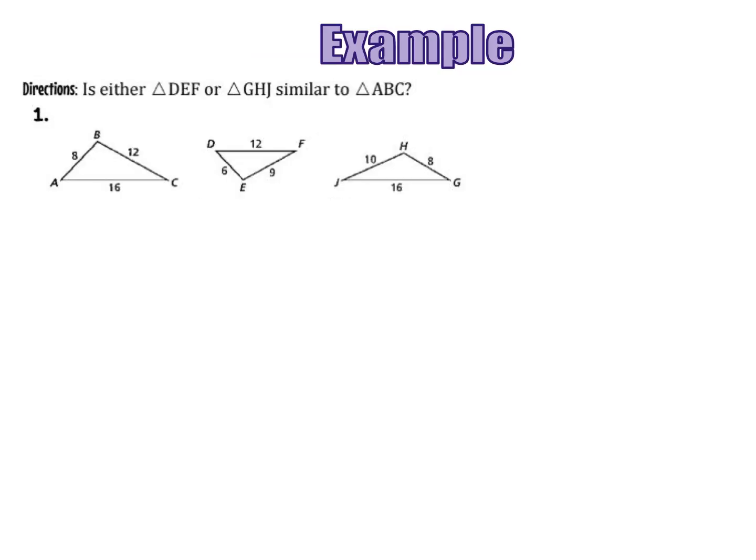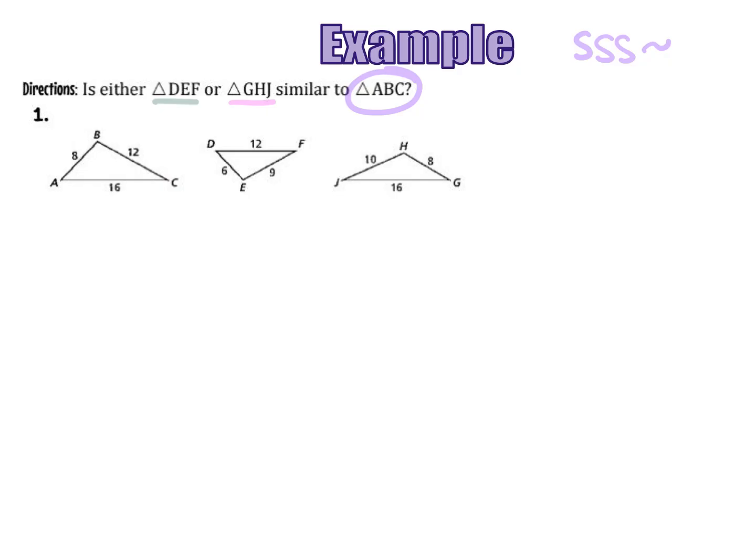All right, the directions here are asking, is triangle DEF or triangle GHJ similar to triangle ABC? We are given information about side lengths here, so it seems like we're going to try to use the side, side, side similarity theorem. What we need to do is set up 3 proportions and see if they are in fact all true.